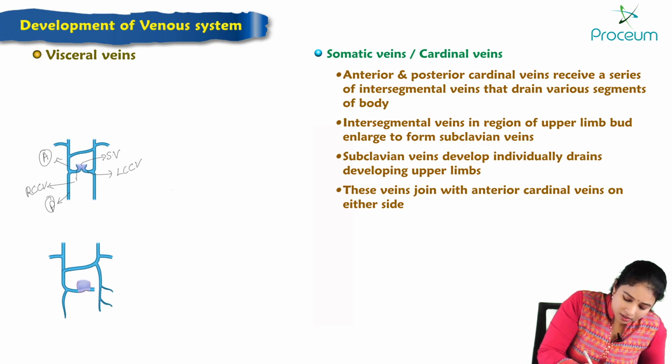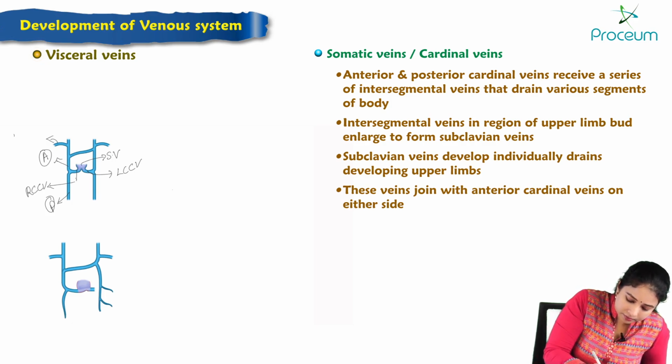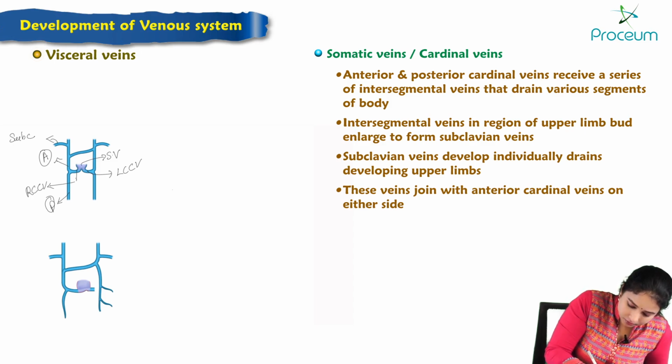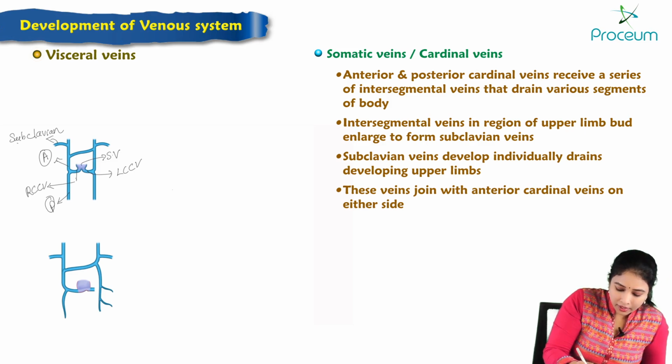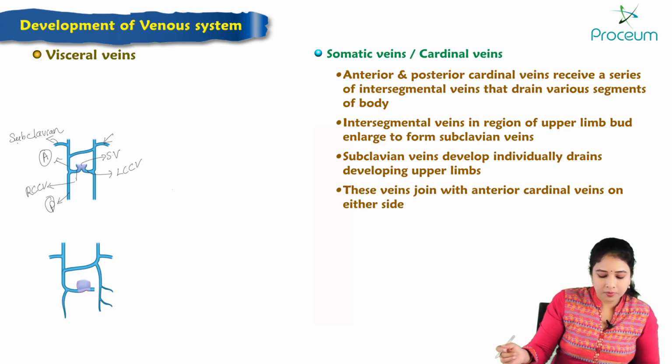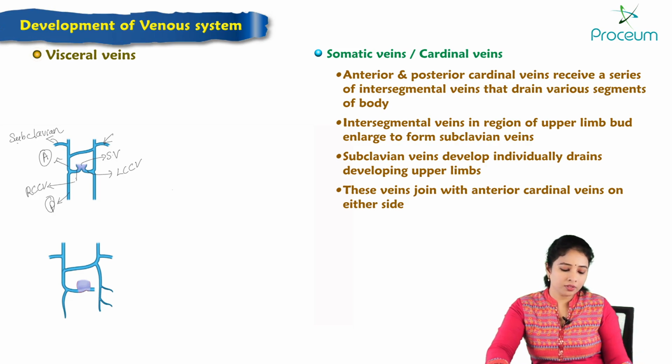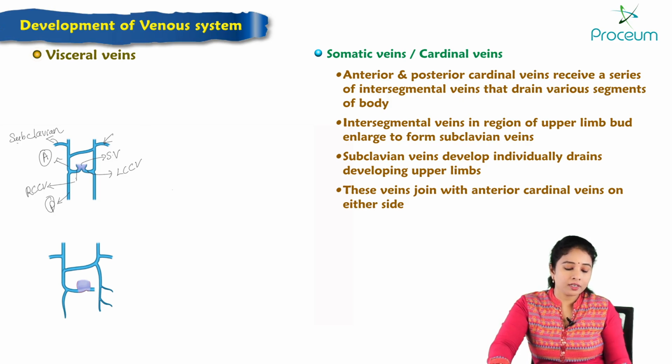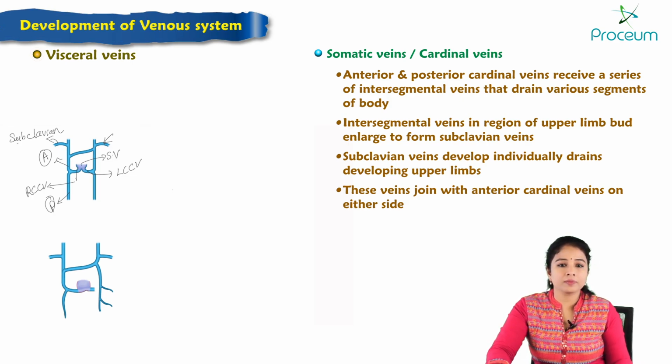So, we can see the subclavian veins. Both right and this is the left subclavian veins, which are draining the upper limb and draining into the anterior cardinal veins on each side.